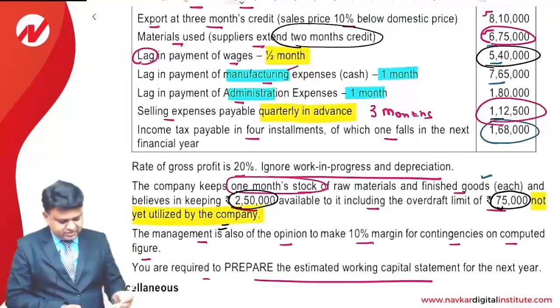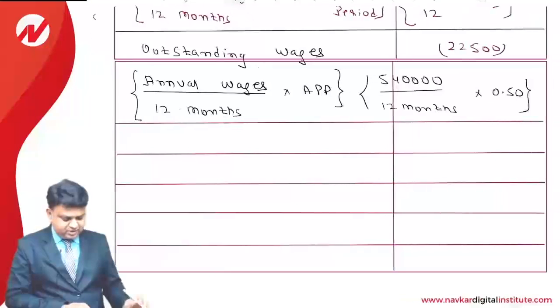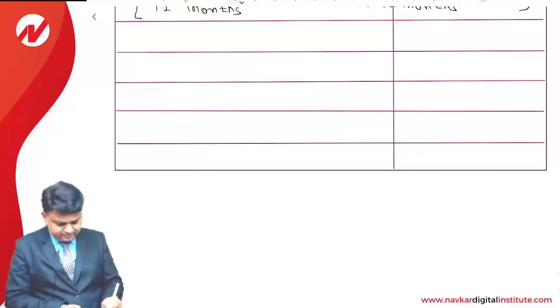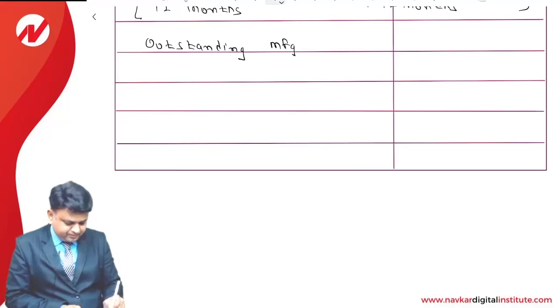Then for manufacturing expenses and administration expenses, we can prepare the combined working because both of them are outstanding for the same time period. So outstanding manufacturing and administration expenses.